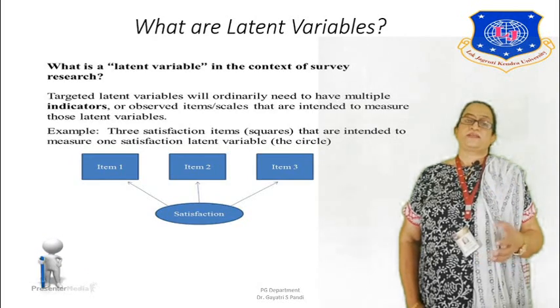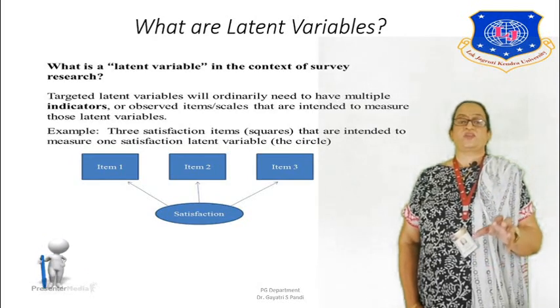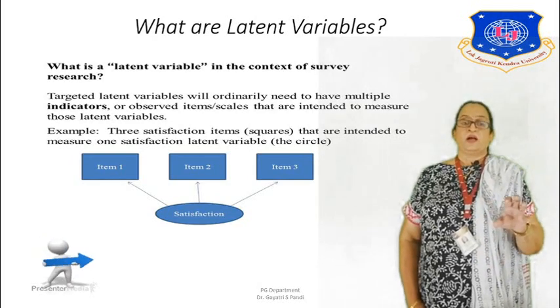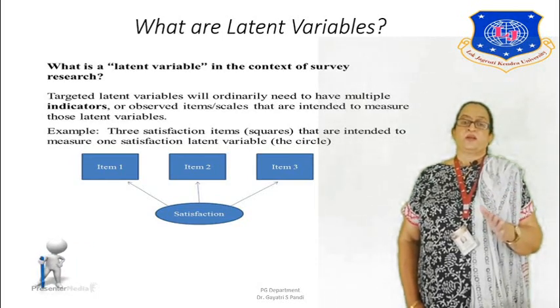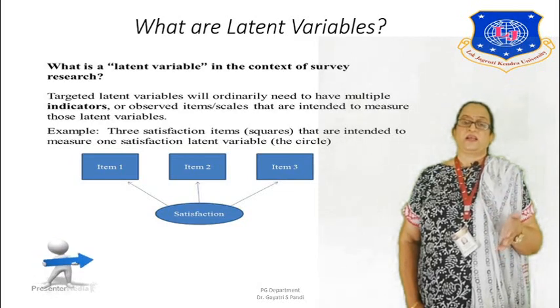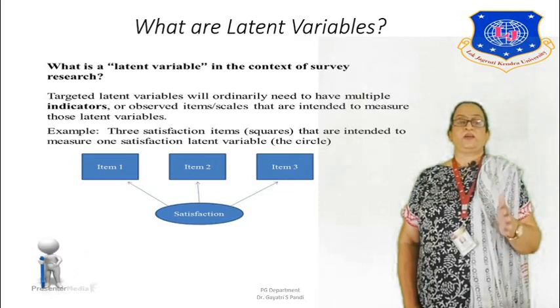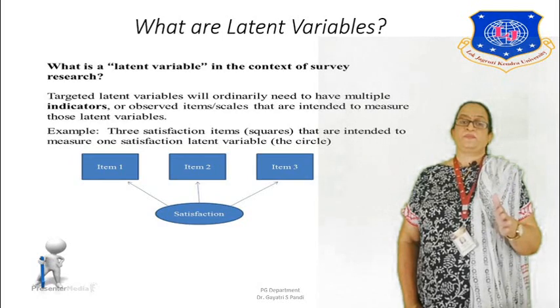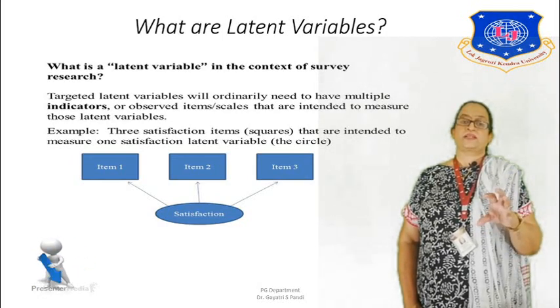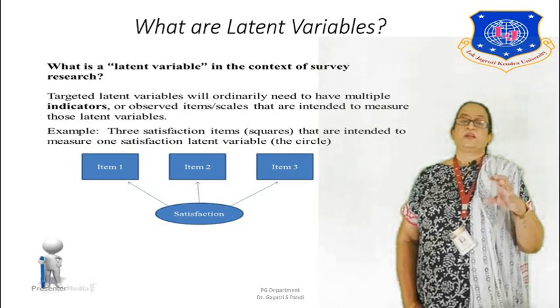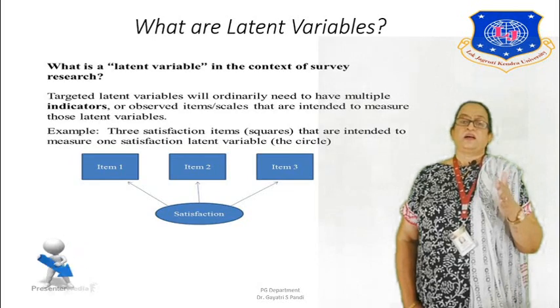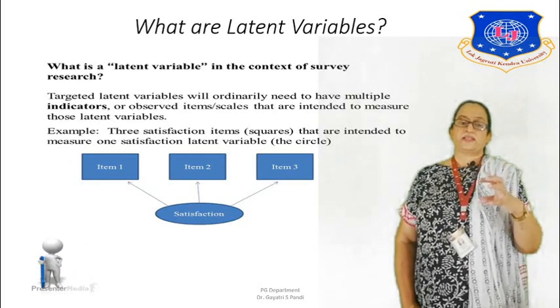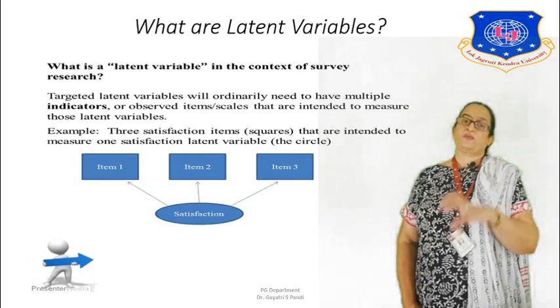One example here is satisfaction, which is shown in an oval figure, and the items are shown in squares, or rather rectangles. These are intended to measure satisfaction, which is the circle, and the items are represented as squares. So your satisfaction is the latent variable, and it is measured by using the different values of the items.